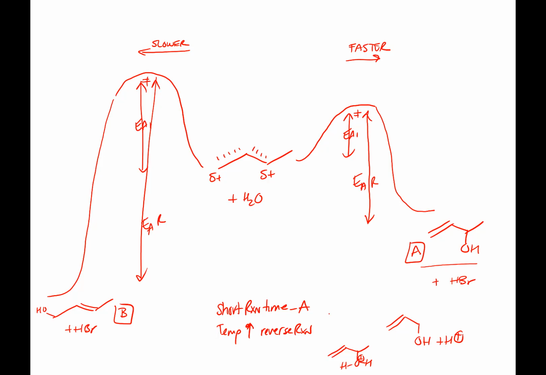And you'd say, well, okay, it goes back to the middle, but then because the lower activation energy is still going to the right, it still goes to the right again. But if I raise the temperature high enough, maybe some B will form.